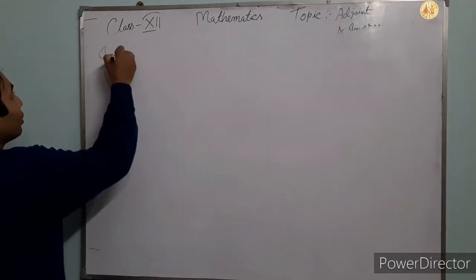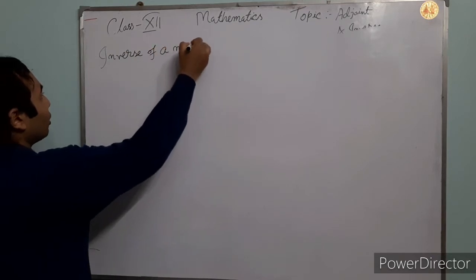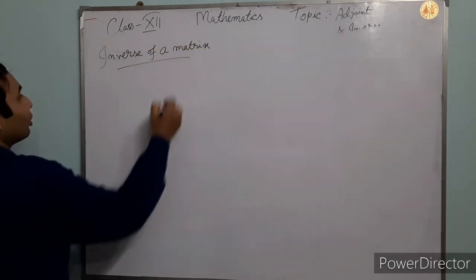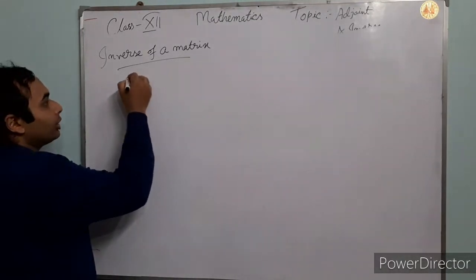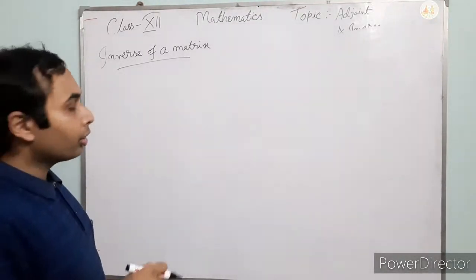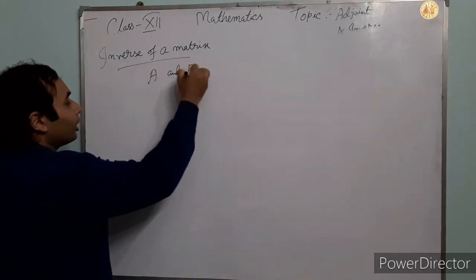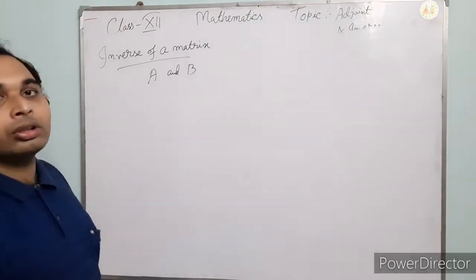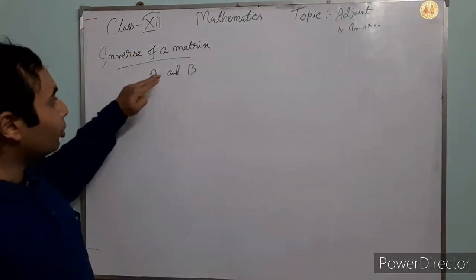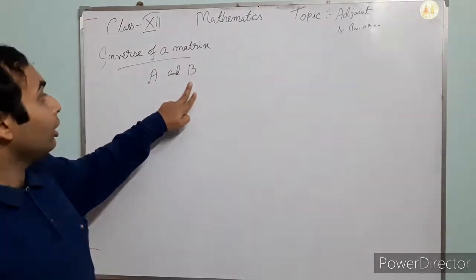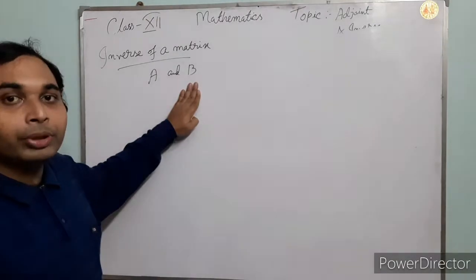Inverse of a matrix. Two square matrices, I am just writing in short, two square matrices A and B. Both should be square matrices and also of the same order. Very important, both have to be square matrices and their orders will be equal.